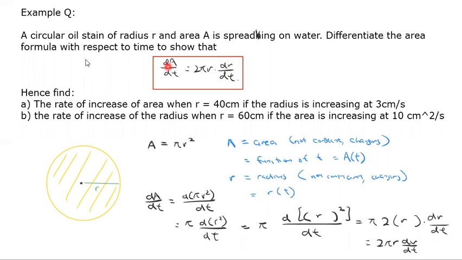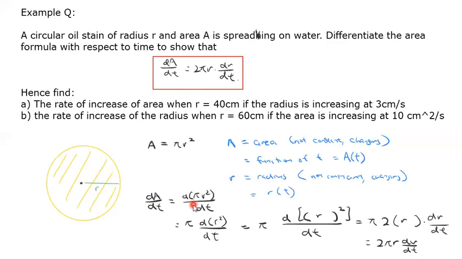So we haven't done the question. We've just done the first part. Basically, we get the area because it's a circle. So area equals pi r squared. Because area equals pi r squared, then we need to derive it. To get dA/dt, we need to derive it not with respect to r, but with respect to t, as the question asks. So deriving it with respect to t, recognizing both A and r are functions of t themselves, is deriving the left-hand side and deriving the right-hand side.